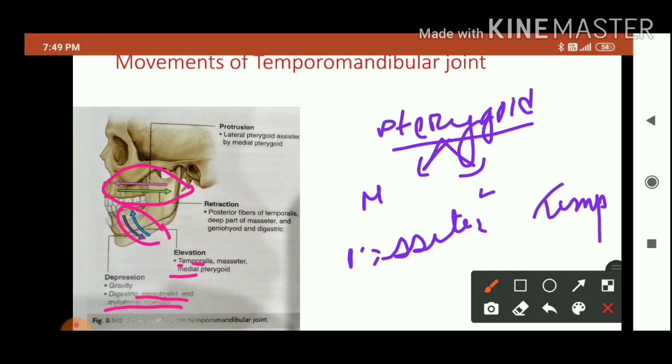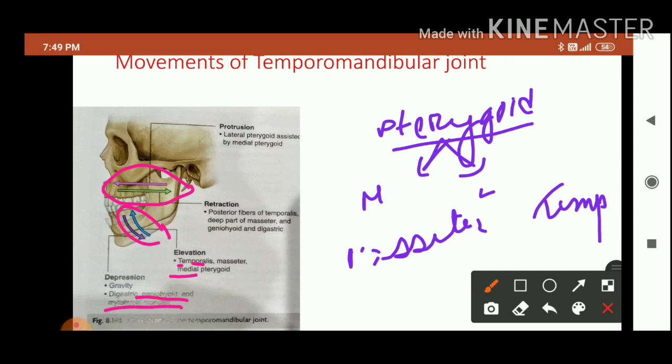The answer is simple. Why is it so? Because the geniohyoid is attached to the genial tubercle of the mandible and to the hyoid bone, which is present inferiorly. Similarly, the myohyoid muscle is also attached to the hyoid bone and the mandible.